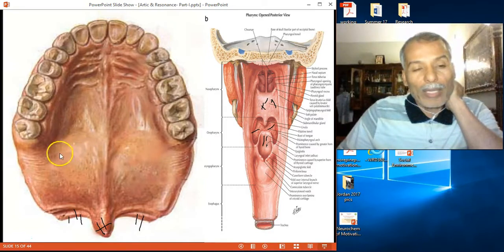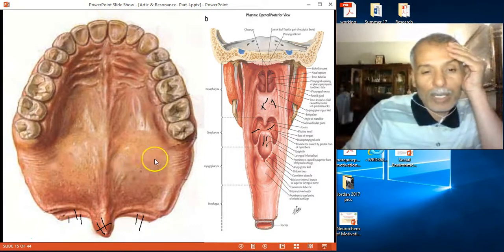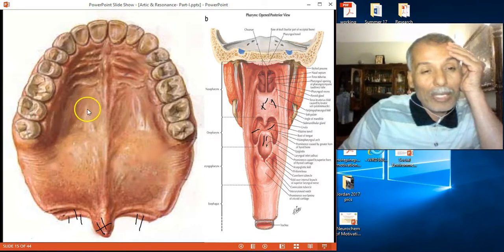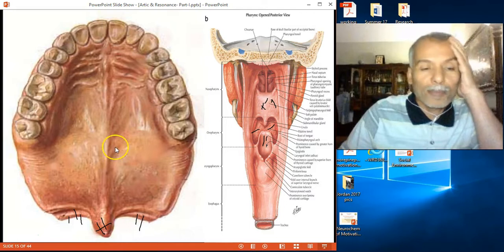So that's called the palatine bone. It's a big bone, and it has parts that are rising, but this is almost like a floor, and it is embedded. It is fused with the palatal processes, and fused together, so it makes the posterior part of the hard palate.